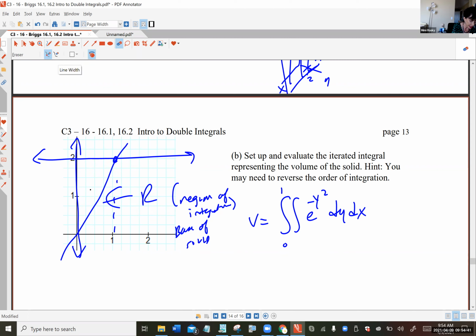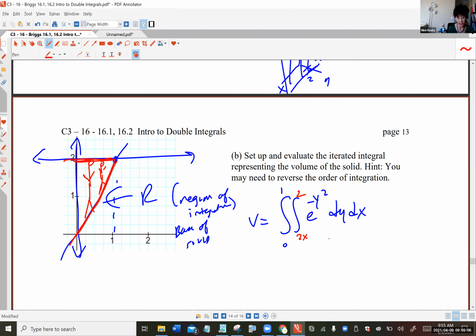If I put my little man in there, because dy dx is the vertically simple choice of order of integration, like that, there's my little man. His head, no matter where I place him arbitrarily, is always going to be on that upper limit of y equals 2. That's a constant. But his feet look like they're going to be variable. His feet are on that diagonal line, y equals 2x. So this is the double integral representing the volume.